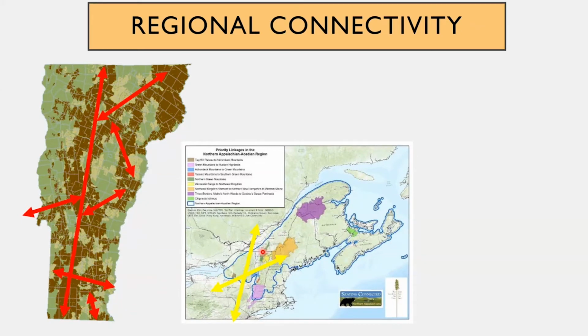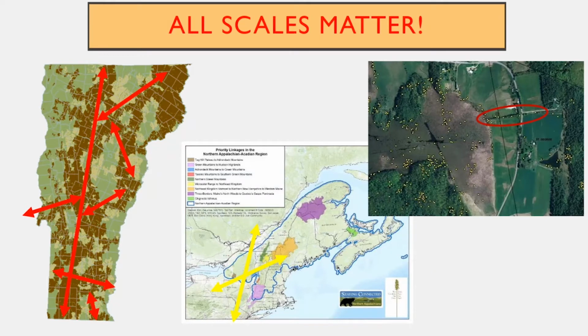So it's not just north-south here, it's east-west. And of course, what you do at the local level will really matter to all of the species that are around you. So I like to just point that out, that all scales matter when it comes to connectivity.